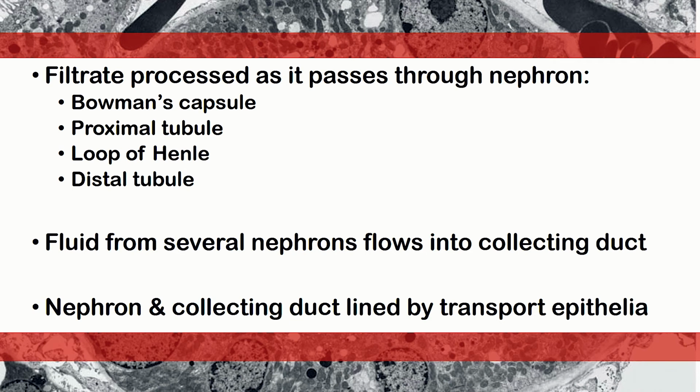As the filtrate passes through this series of zones or regions of the kidney, different processes take place. The nephron will connect to what's referred to as a collecting duct, along with several other nephrons. Those nephrons and the collecting duct will again be lined with that transport epithelia, and the collecting duct itself will have the capacity to further affect the flow of solutes and water out of the kidney.